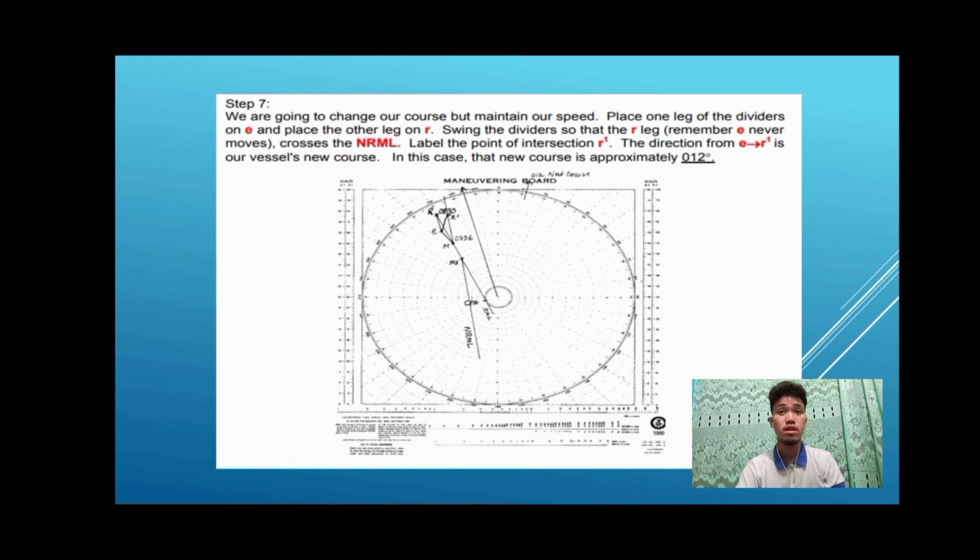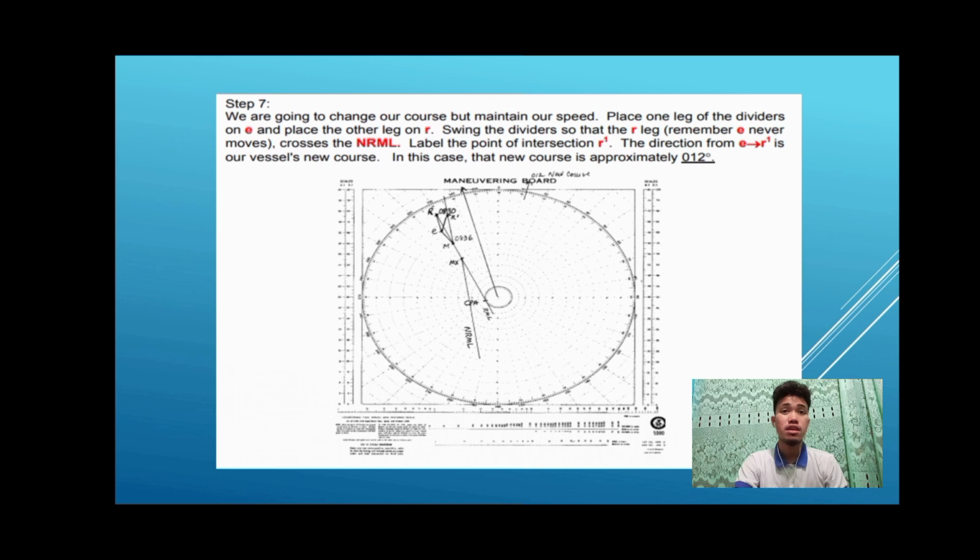So how to do it? First, place one leg of the dividers on E and place the other leg on R. Then swing the dividers so that the R leg crosses the new line of relative motion; remember, E never moves because E is anchored in the plot.